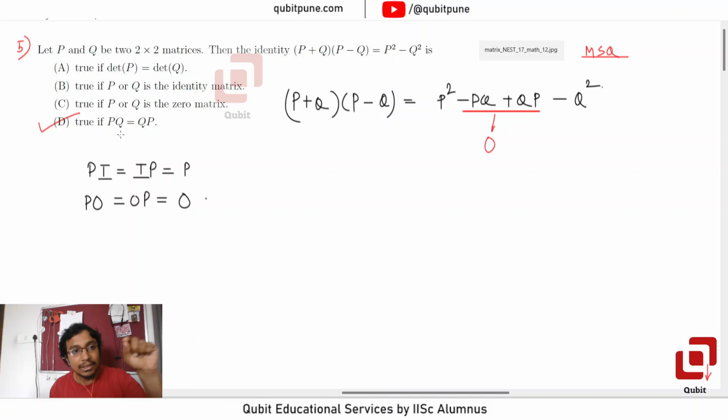So because commutativity is a special property possessed by identity multiplication and zero multiplication, B and C will also be true. Understood? So B and C are also correct because they are special cases of D. So what do you think of A?